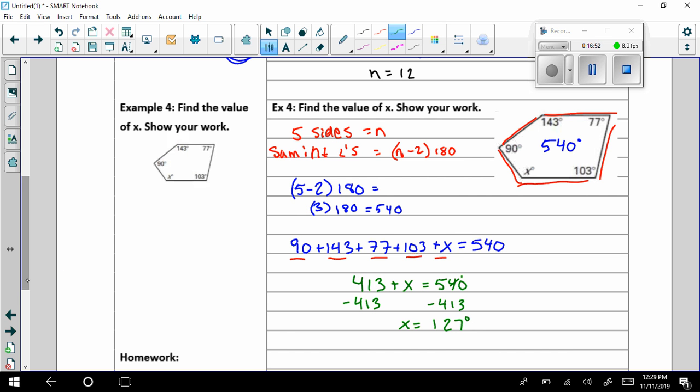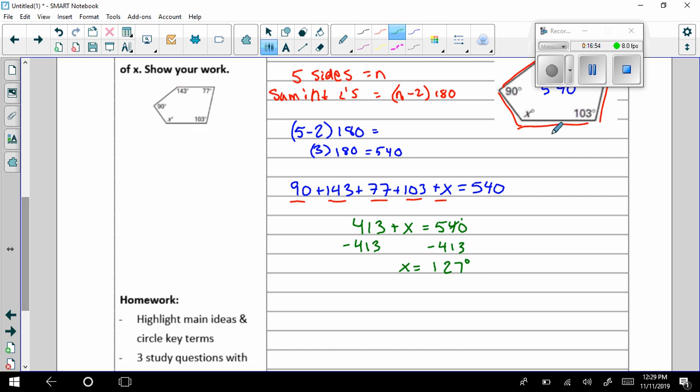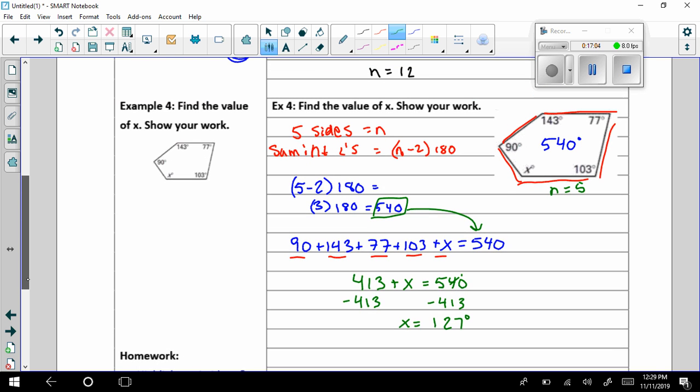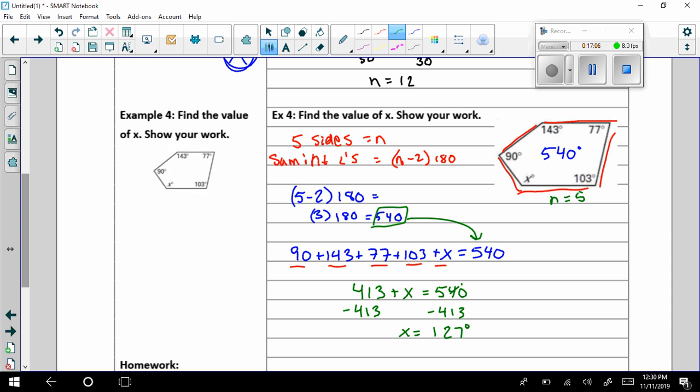So you would do a similar problem no matter what the interior angle sum is. Just remember that this was 5, and that's where this 540 came from. So you have to do 2 steps for those. You have to find the sum first, and then set up your equation and solve. And that's it. Have a good night.